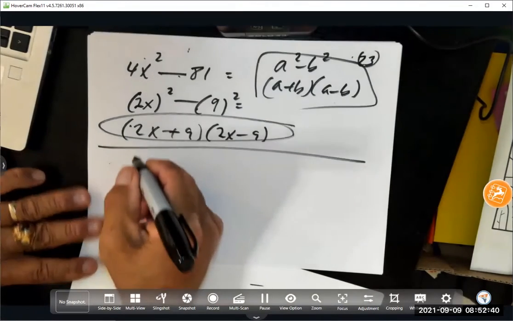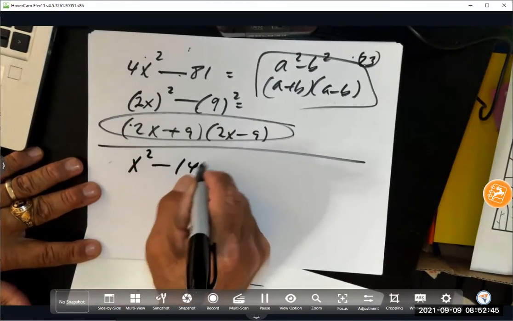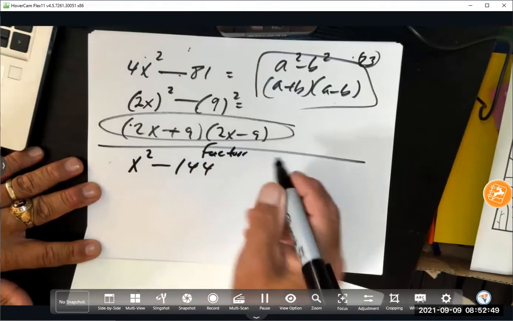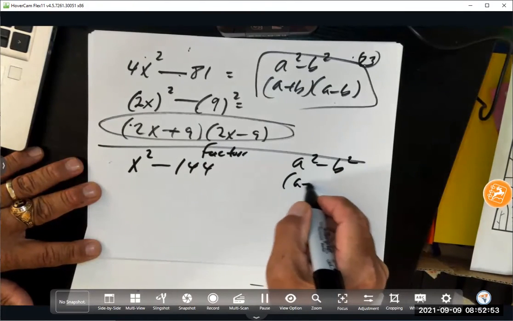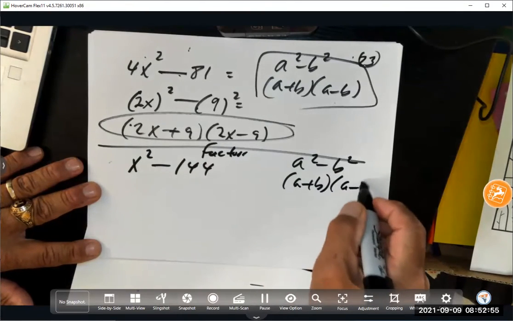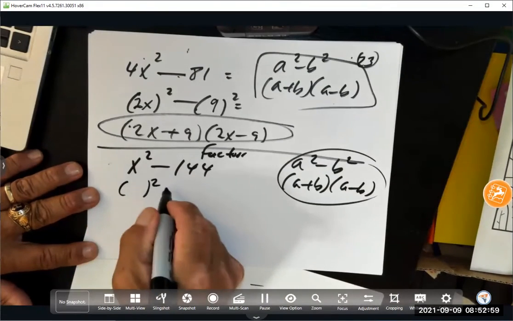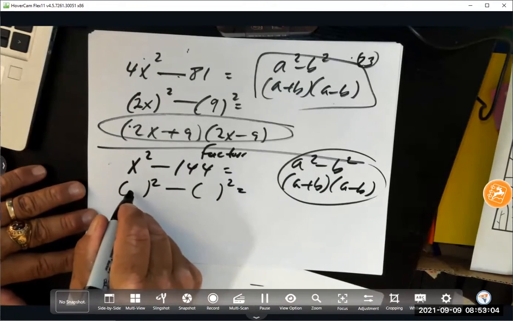So let me do an easy one. What about this one? It says x squared minus 144, and it says factor. I know that I can use a formula: a squared minus b squared is a plus b and a minus b. But what number goes here and what number goes there? What goes here? x.